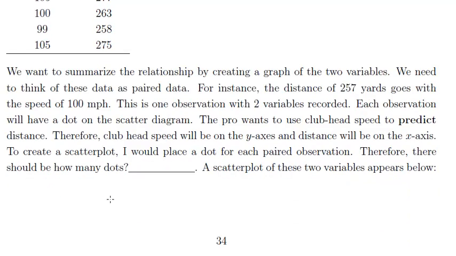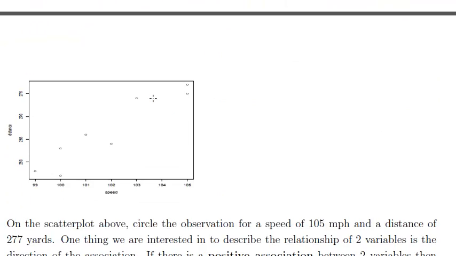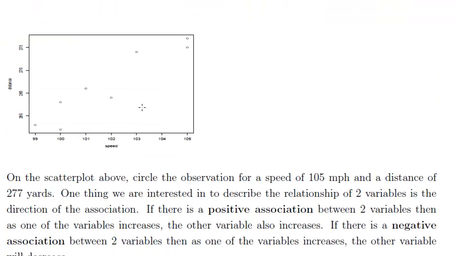Okay, so there should be 8 dots on the scatter plot that we're going to create. And the scatter plot is right here. We put speed on the x-axis, we put distance on the y-axis, and we did that for a reason, but we'll explain the reason a little later. We're not going to talk about that right now.